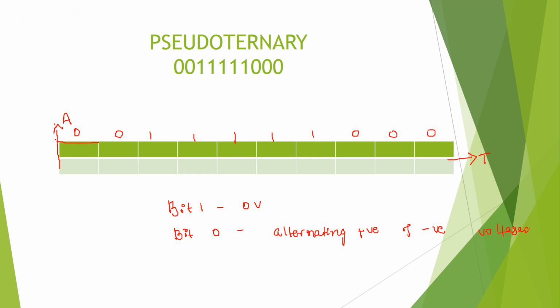The second bit can be considered as negative voltage. Bit 1 is neutral 0, neutral 0, neutral 0. Till here it is 0. Next is bit 1 0, alternate positive and negative voltages.